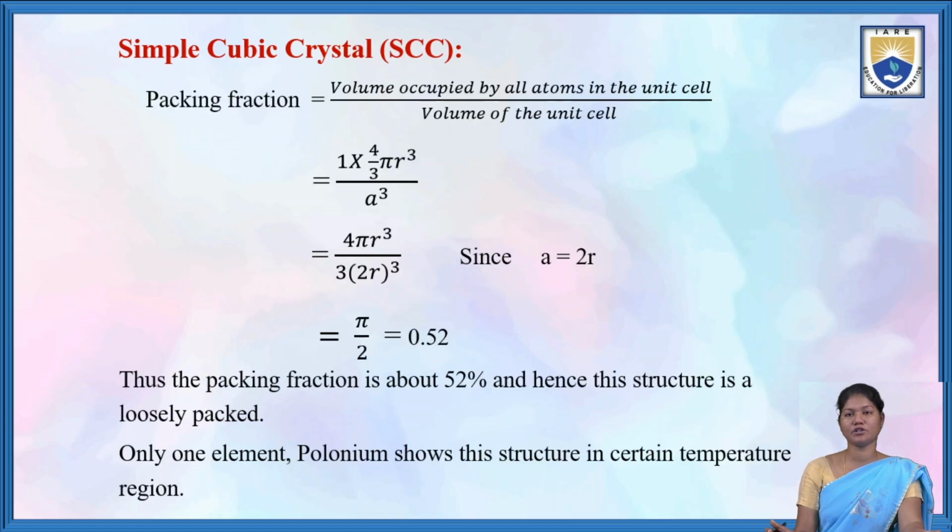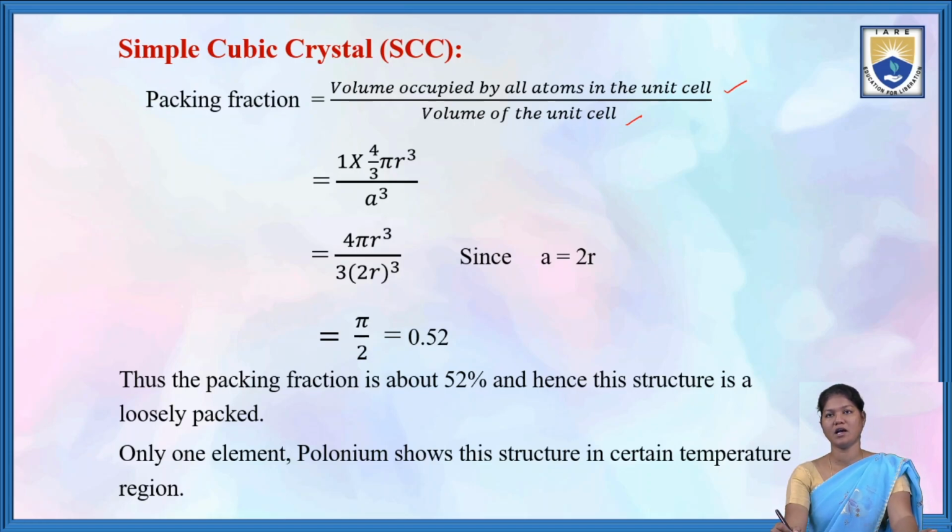In a simple cubic crystal, the atomic packing fraction is equal to the volume occupied by all atoms in the unit cell divided by the volume of the unit cell, or the number of atoms into the volume of an atom divided by the volume of the unit cell.